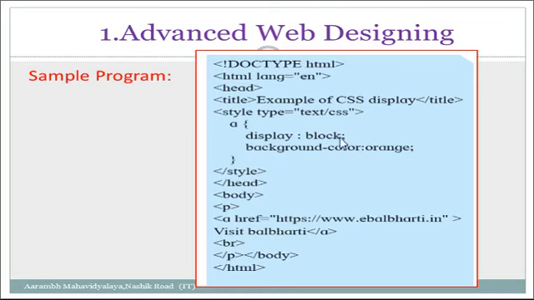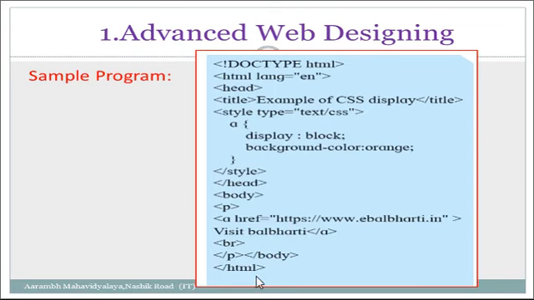Then display as a block and background color will be orange. Then under body tag, provided data, that is a href equal to https www.ebalbharati.in, and the displayed data will be visit Balbharati.